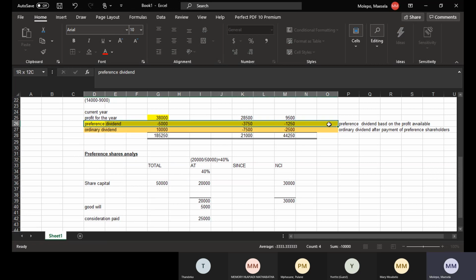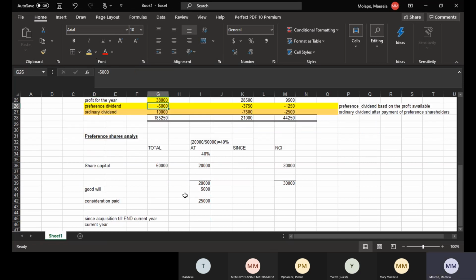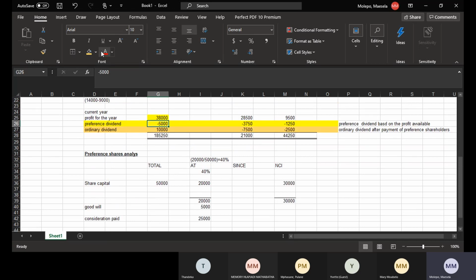This amount in the yellow one, the 5,000, we're going to transfer towards our analysis of the preference shares. So this is the 5,000 to be transferred. Let me make it in green.